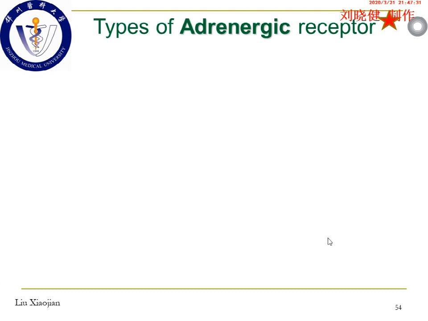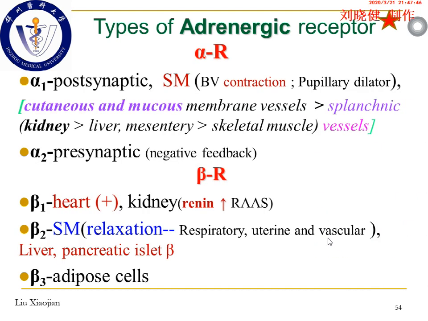Because in the next chapter, you will study adrenoceptor agonists and then adrenoceptor antagonists. So before you study those drugs, you should first go over the receptor distribution and their functions. So in this class, I also introduce this in detail.